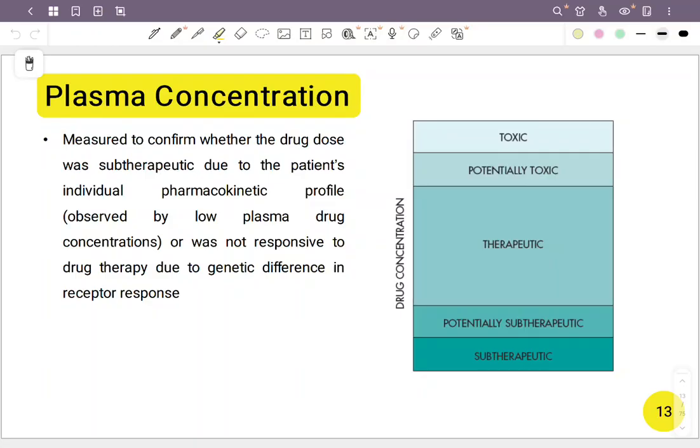Then, ang desired na to nga range kay ang therapeutic. So, ganahan ta if ang drug concentration kay naa sa therapeutic level, kay dira man ma-elicit ang atong pharmacologic effect. Then, dili ta ganahan nga subtherapeutic, kay meaning, dili effective ang atong drug. Then, dili pod ta ganahan nga toxic ang level sa atong drug concentration, kay harmful na siya sa atong patient. So, ana lang sa plasma concentration.